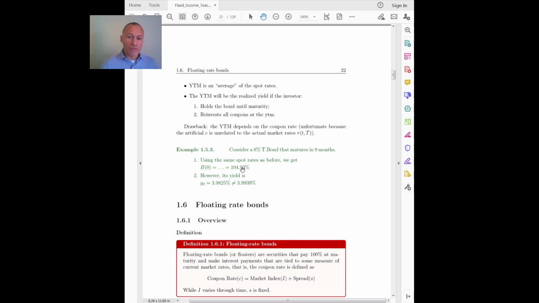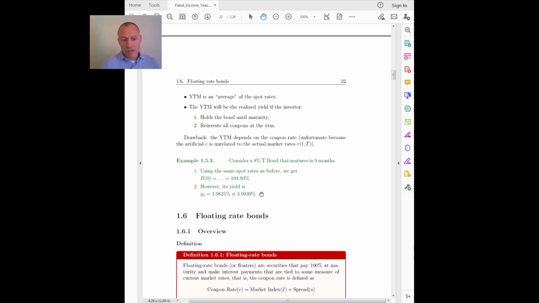And now I'm going to compute the yield to maturity on this bond. So take this market price as given, take the coupons, the numerators, as given, and solve for the constant yield to maturity. If you do this calculation, you will find a number that is slightly different from the yield to maturity of the previous example. So what you have here is a bond that is priced with exactly the same discount rates and has exactly the same maturity, but it gives you a different yield to maturity, just because the coupon rate is different.